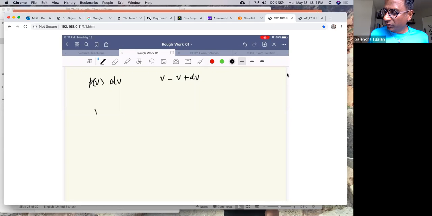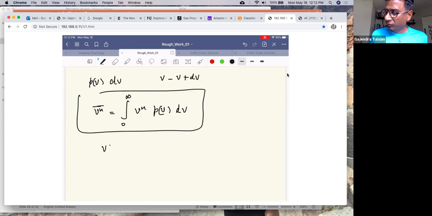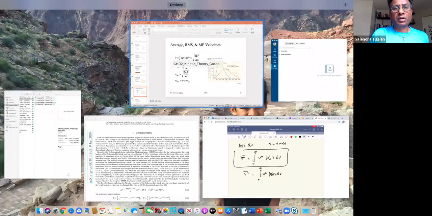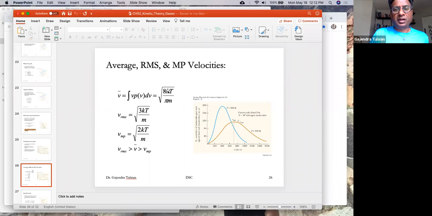If you wanted to calculate the average of V to the power n, you integrate V^n P(V) dV from 0 to infinity. That's how you would calculate any average. So V squared would be V^2 P(V) dV. Again, you'll learn all this in your probability class. So the average speed is given by that, and it's the square root of 8kT over pi m, and so on. The RMS speed is that, and the most probable speed is given by that. The RMS speed is greater than the mean speed, which is greater than the most probable speed.